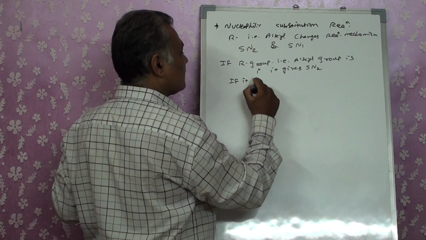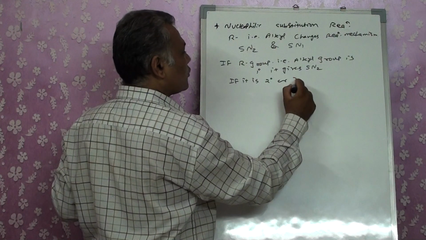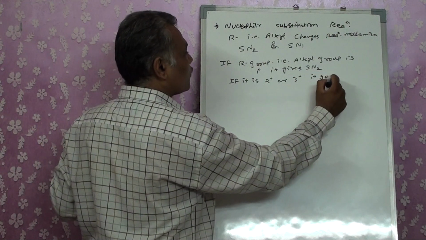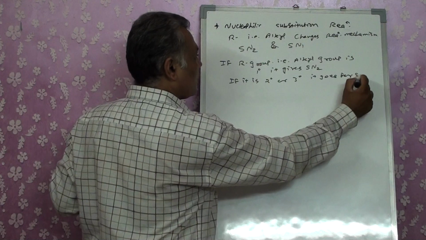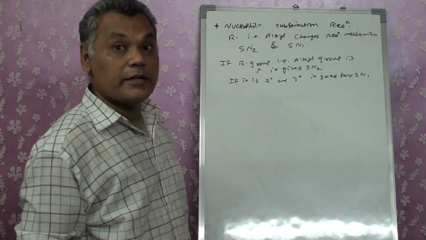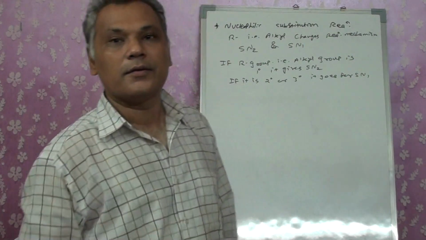If it is secondary or tertiary, it goes for SN1. That is, it depends upon the stability of the carbocation.